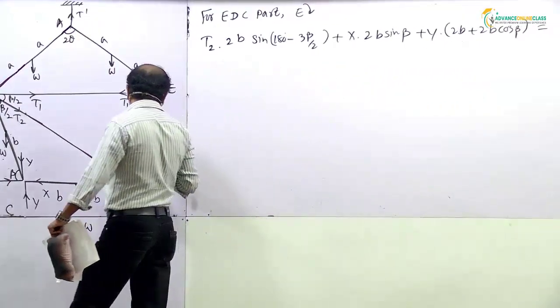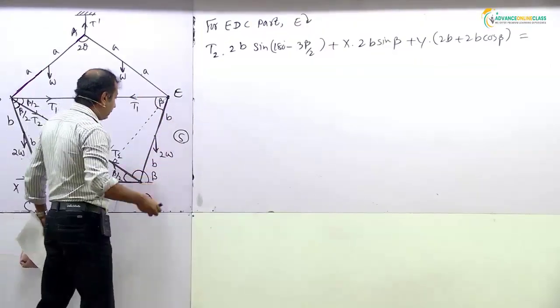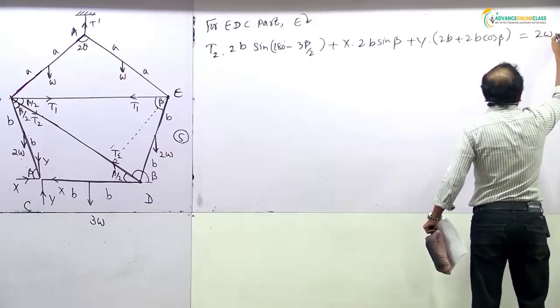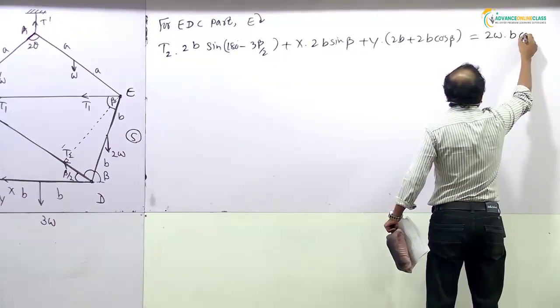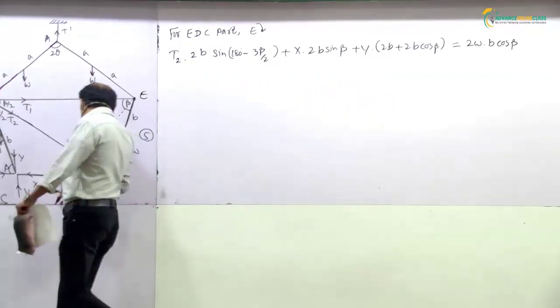This 2W, what is the line this way? b cos beta. 2W into b cos beta. Why this 3W?